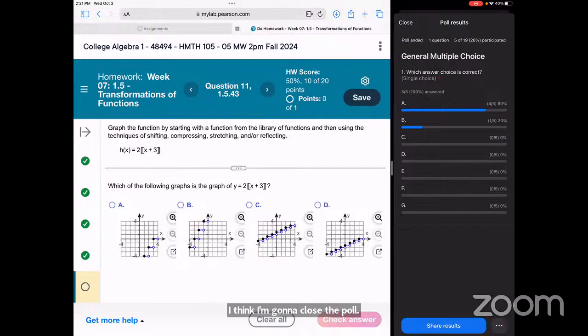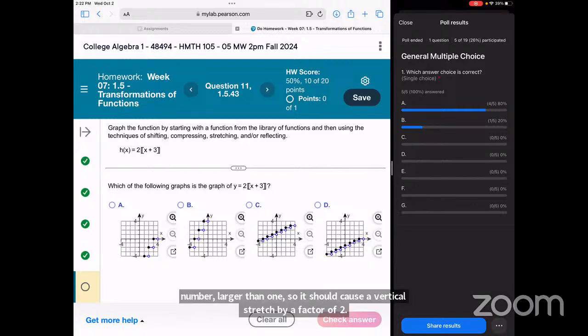I'm going to challenge the majority in this one, right? Normally the filled-in circle is at the origin, so you could track that. If we do a +3 on the inside, it should be a horizontal change. It should move it left by 3, right? And then we multiply the outside by 2, a number larger than 1, so it should cause a vertical stretch by a factor of 2. So it can't be C or D because those are vertical compressions.